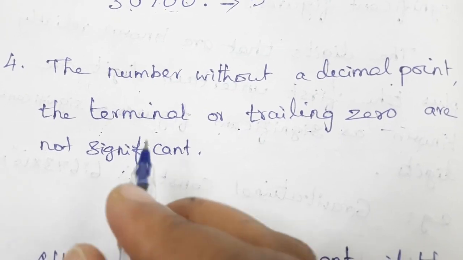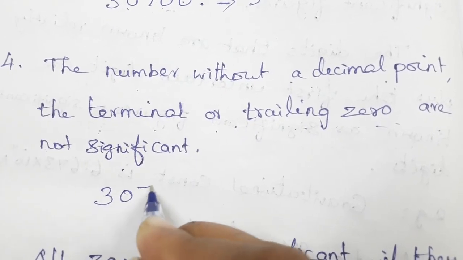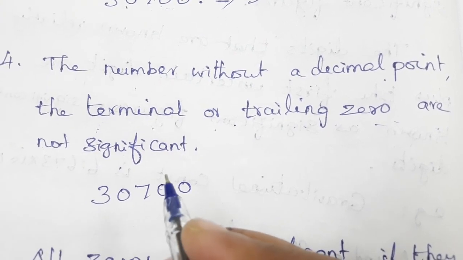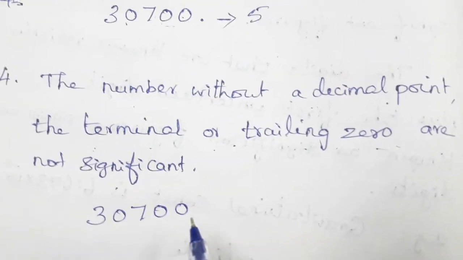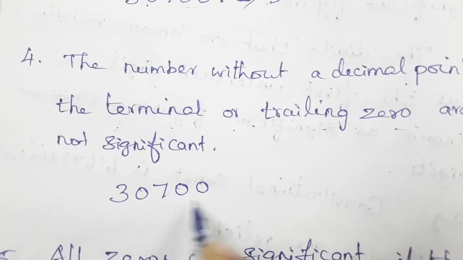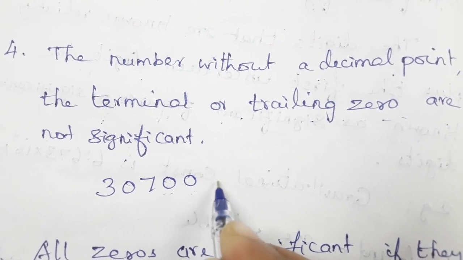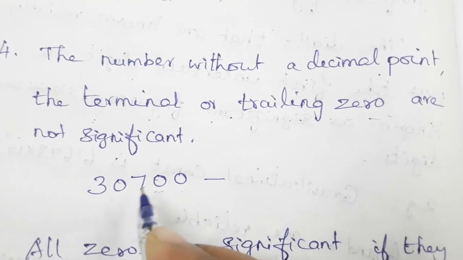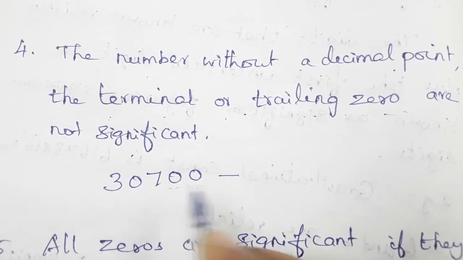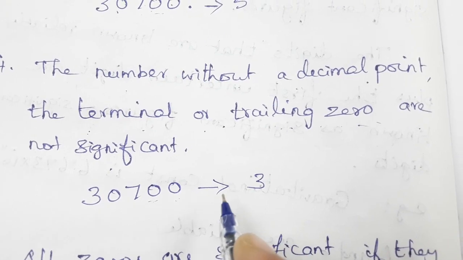For example, the same number without a decimal point, 30700. Here there is no decimal point. So without a decimal point, the trailing zeros are not significant. So this cannot be included. How many significant figures? 1, 2, 3. So it has 3 significant figures.